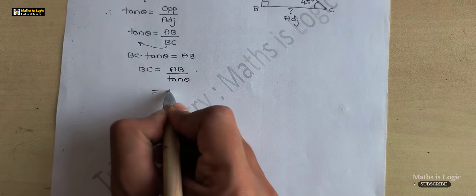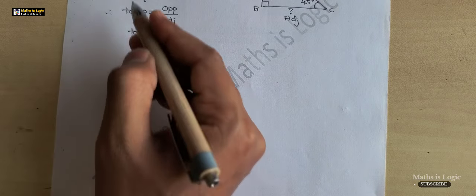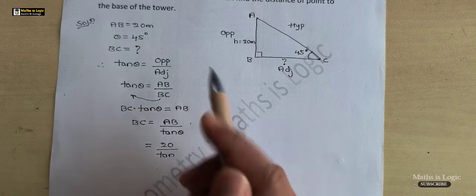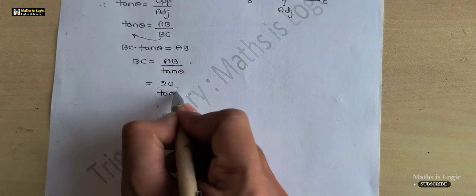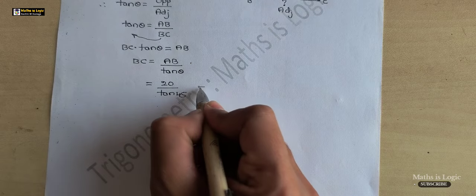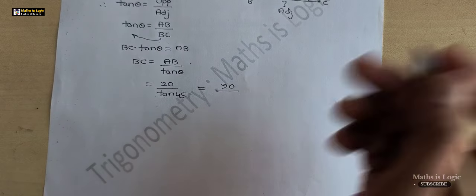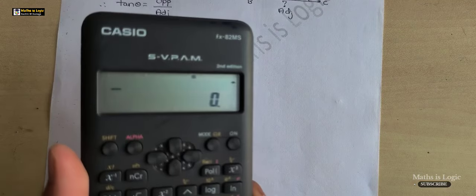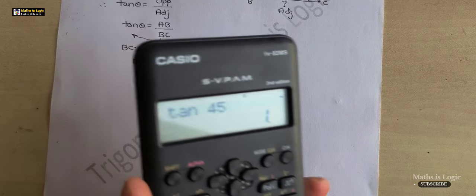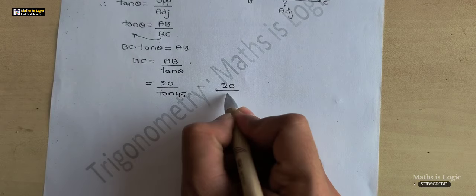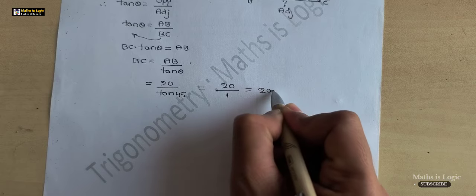Therefore write 20 divided by tan, keep it as it is, theta means how much degree? 45 degree. So equals 20 divided by tan 45. Tan 45 degree is 1. So equals 20 divided by 1, means 20 meter.